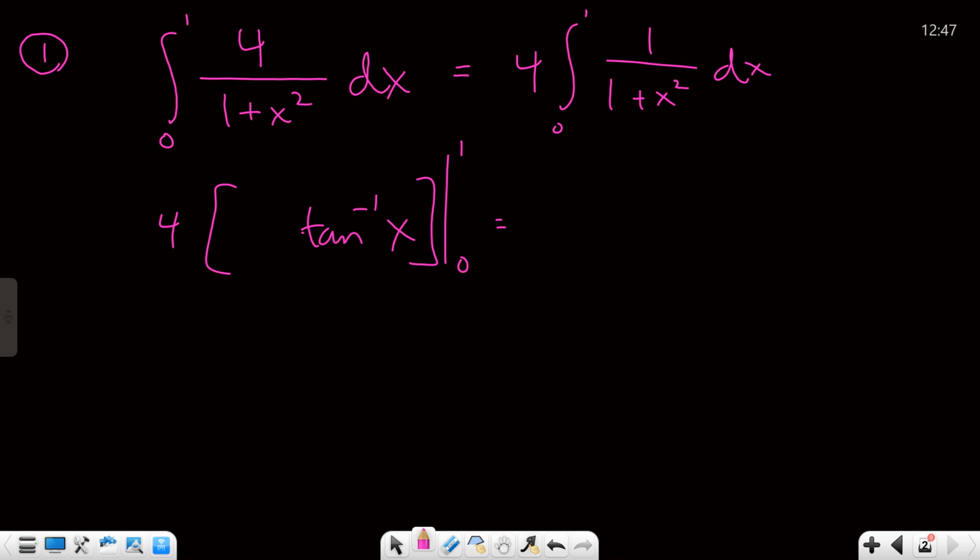What's the inverse tangent of 1? That'll be 45, or pi over 4. Beautiful. What's the inverse tangent of 0?